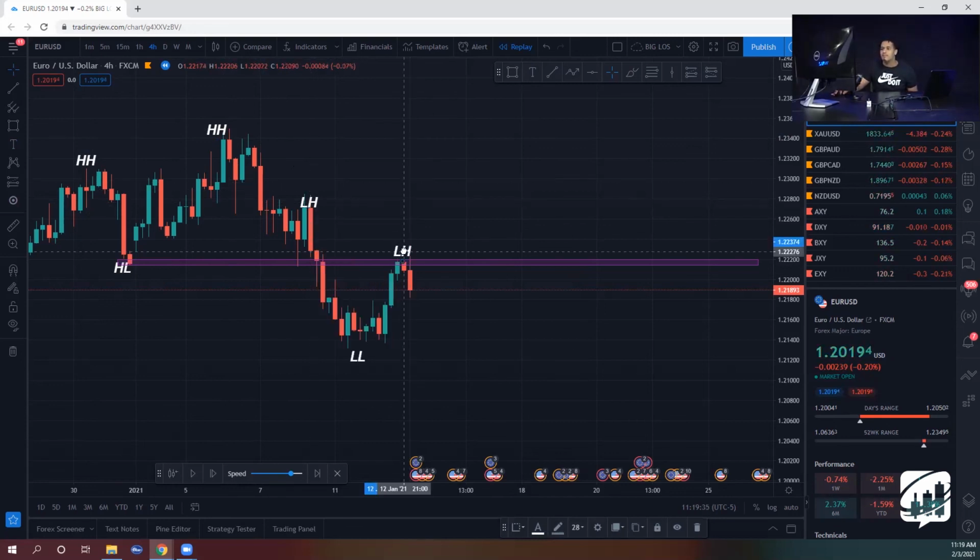Okay, so if you're a bear, you're looking to get in at these lower high points, okay, at the point of resistance. So you're looking at the retest of support at a lower high point. Okay, so at resistance, if you're a bear, you'll ideally want to get in at these lower highs.